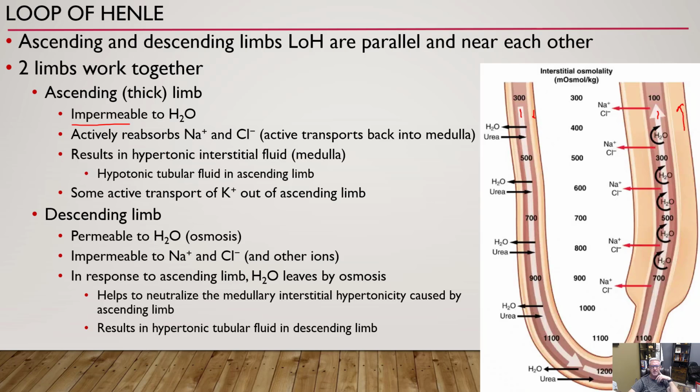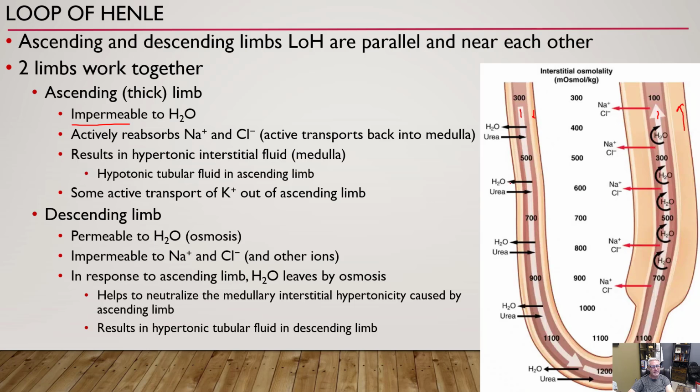And it results in that hypertonic interstitial medulla. Remember, that's the hypertonic that I was talking about earlier when we were talking about ADH. And that ADH acts on the distal convoluted tubule and the collecting duct. So this ascending limb will throw out a bunch of salt.